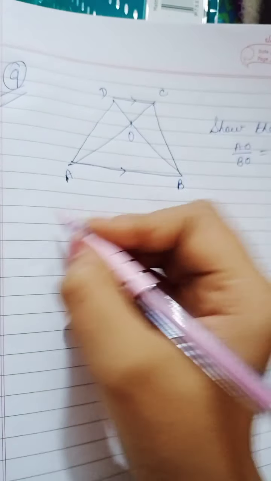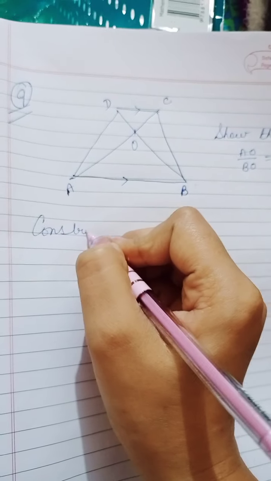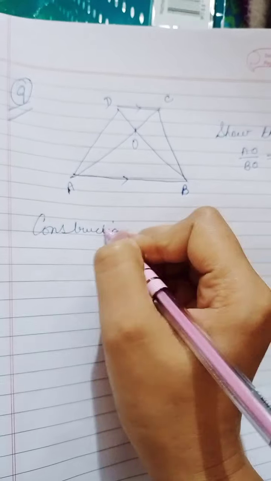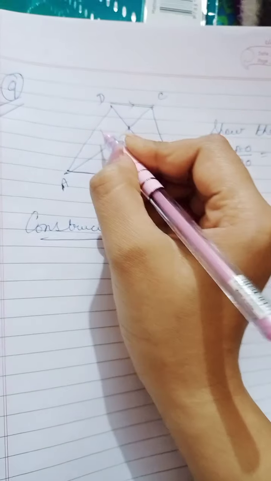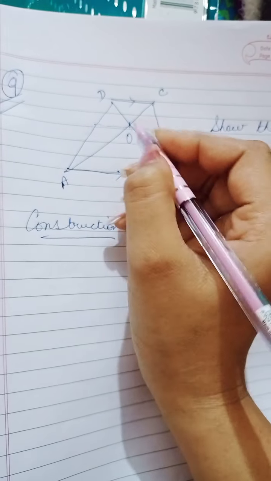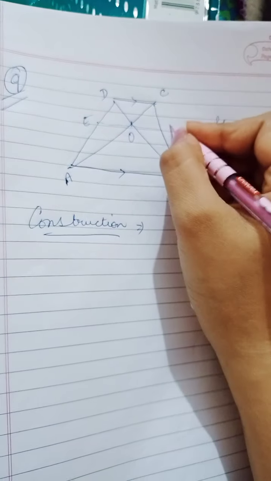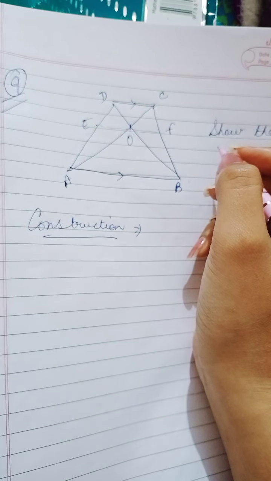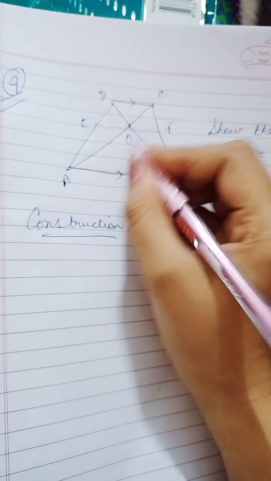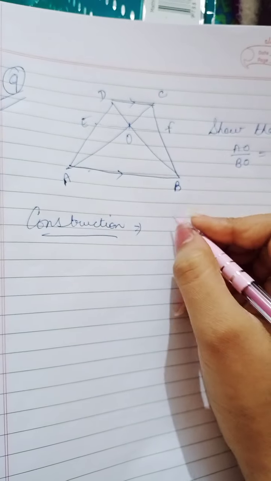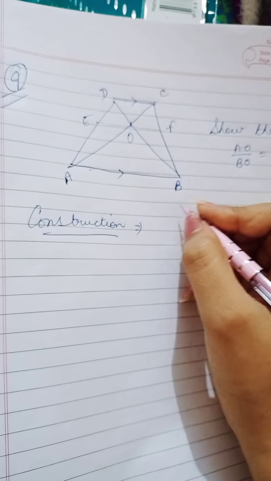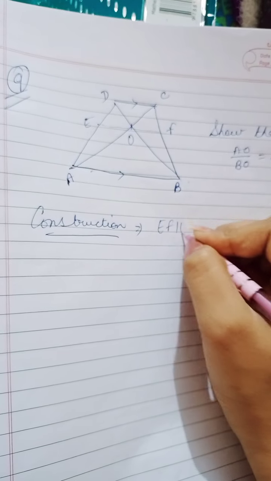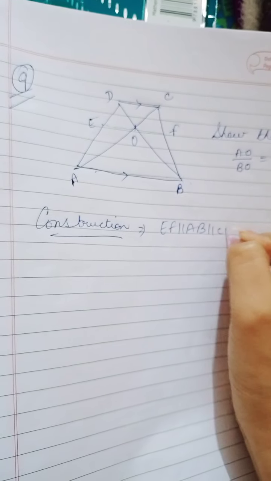First of all, let's do the construction. Let's construct a line EF, which must be parallel to CD and AB. EF is parallel to AB and CD.